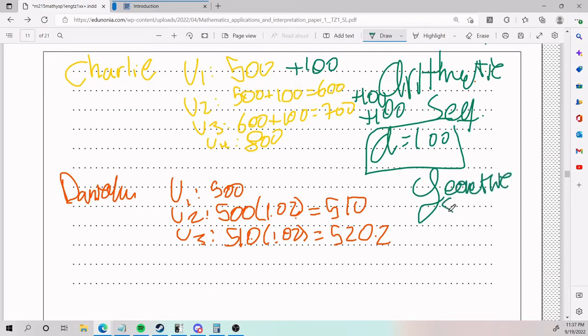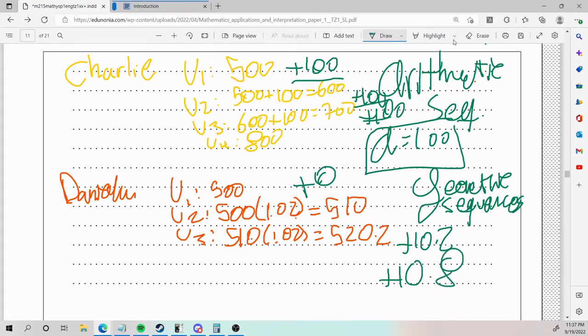I'm pulling out fancy math words, but you need to understand the intuition of how each of them increases. The one on top is plus 100 each time. The one on the bottom doesn't increase by a flat number. Here was plus 10, here was plus 10.2. Later on, it's going to be maybe 10.8, who knows?